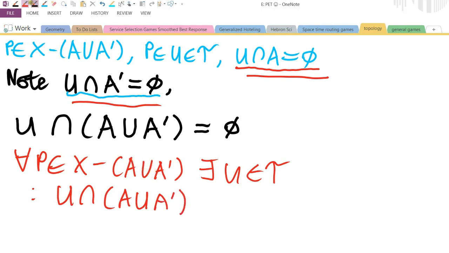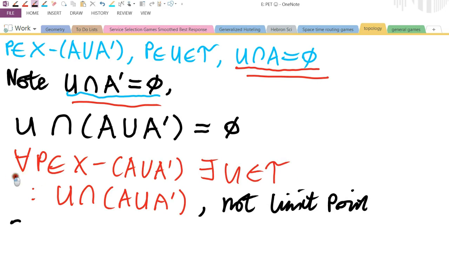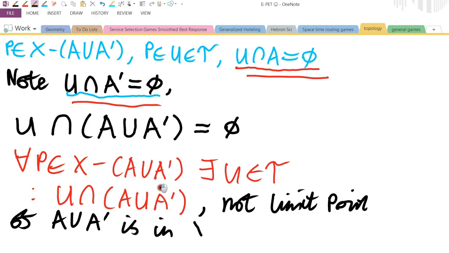So what this basically means is that no limit point of A union A dash is in the complement of A union A dash.